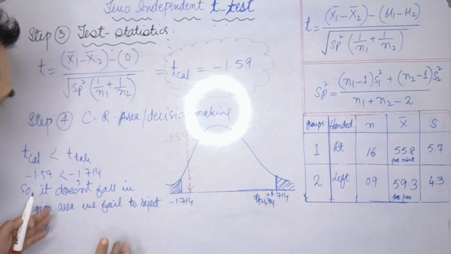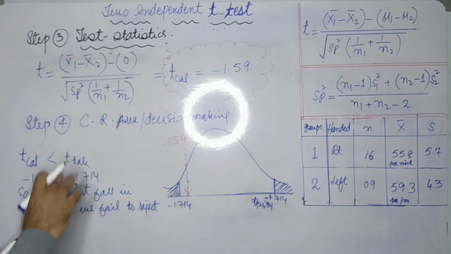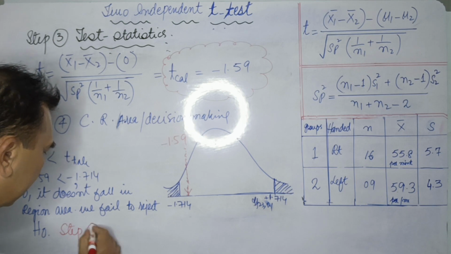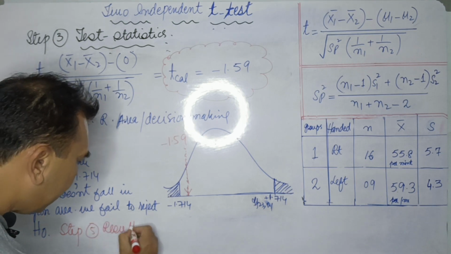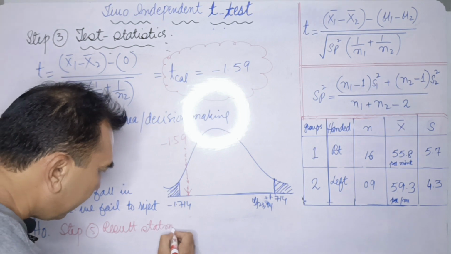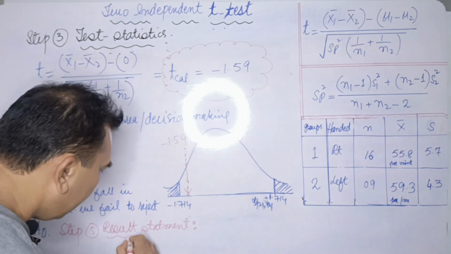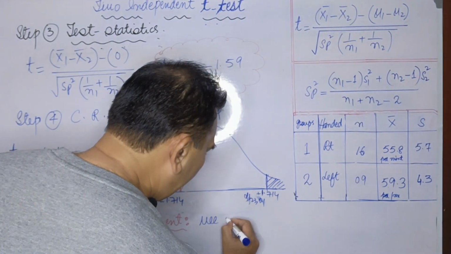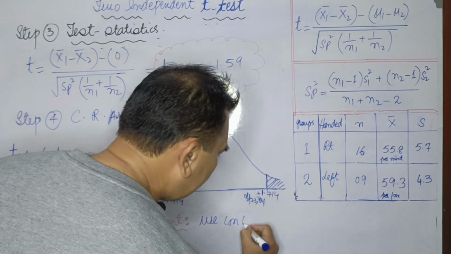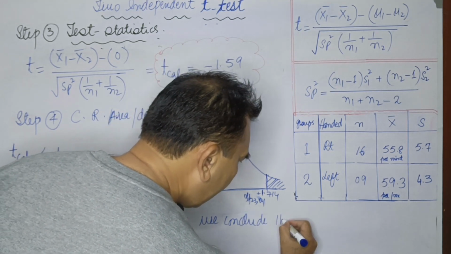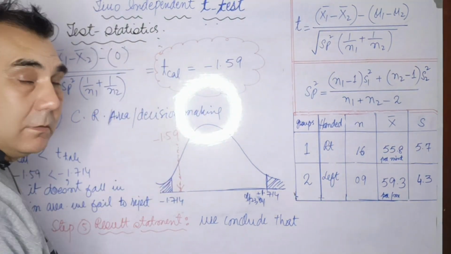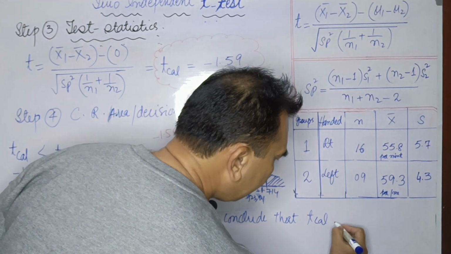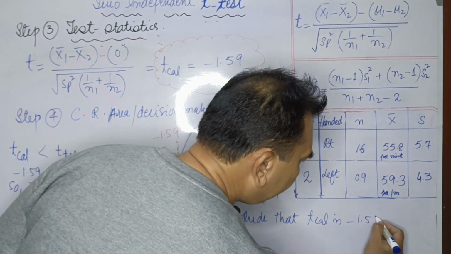Now on the basis of this decision we will write down our step number 5. Step number 5 is the result statement. What will we say in the result statement? We conclude that the t calculated is minus 1.59.